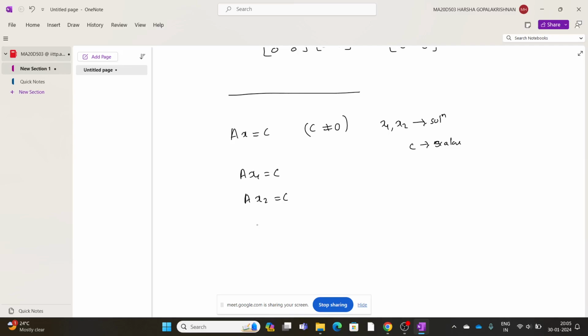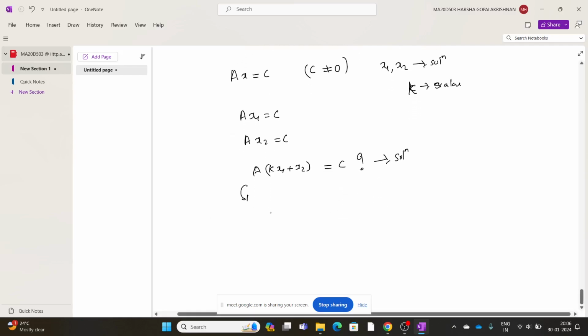Now our question is, let us take K as a scalar. What about Kx1 plus X2? If it also satisfies, that is, equal to C, then it is a solution. If it is not satisfied, it is not a solution.